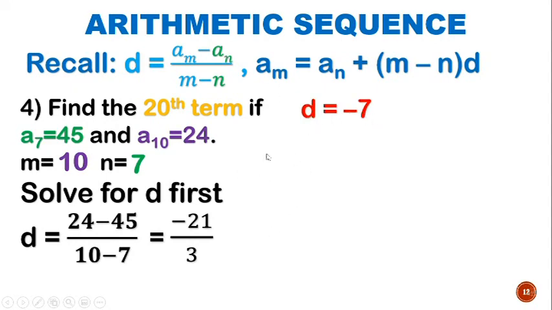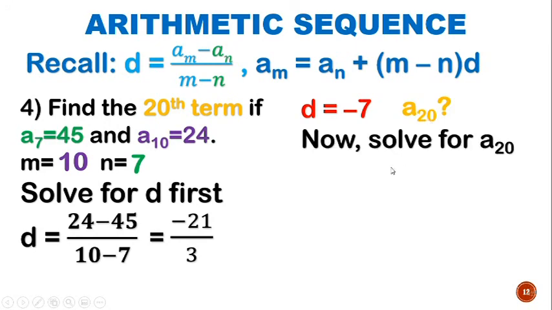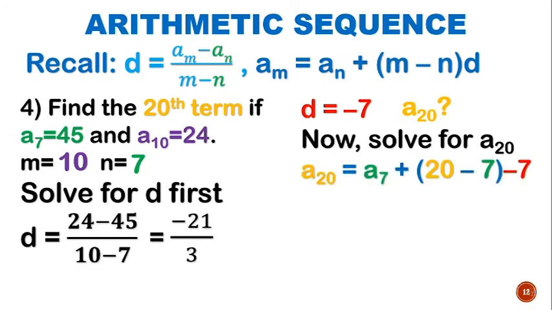What other data in this problem have we not used yet? A sub 20. So we now solve for A sub 20. As we saw in the example in number 3, only one of them can be used. Yes, just one. Let's not make it longer. So you will have A sub 20 equals, okay, A sub 7 plus 20 minus 7.